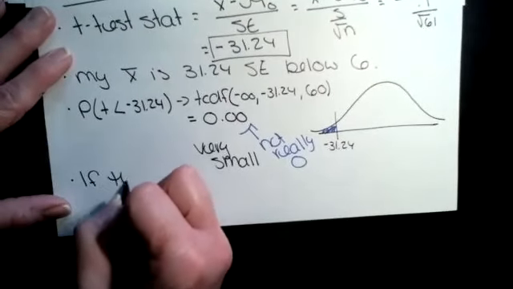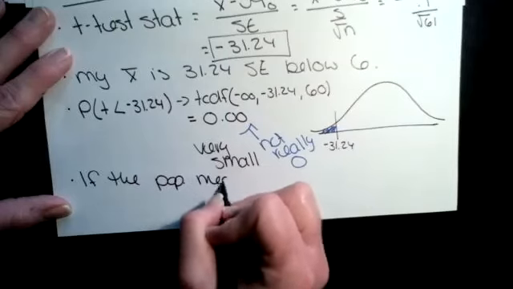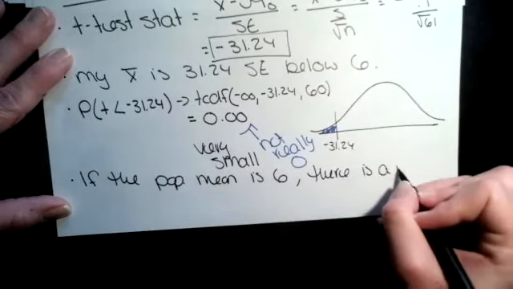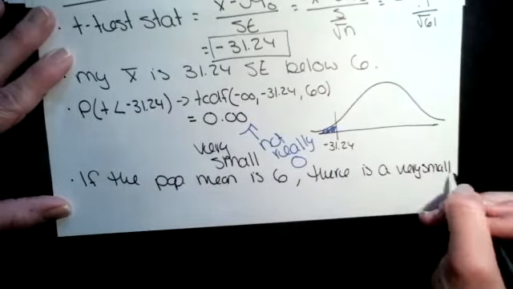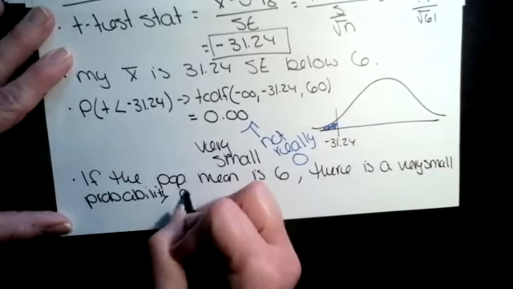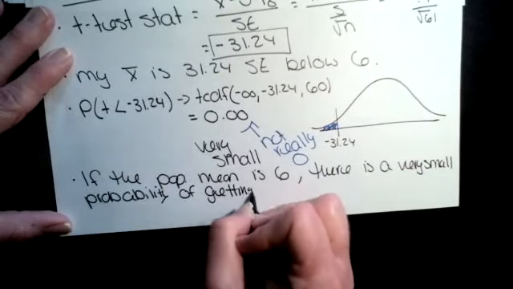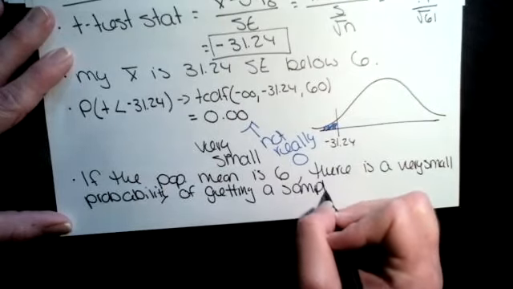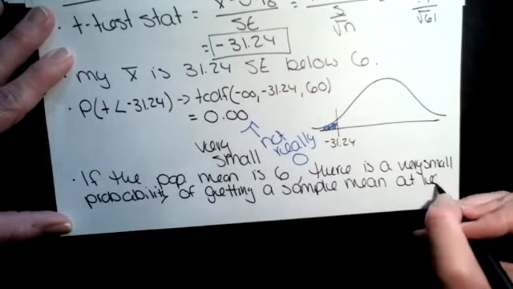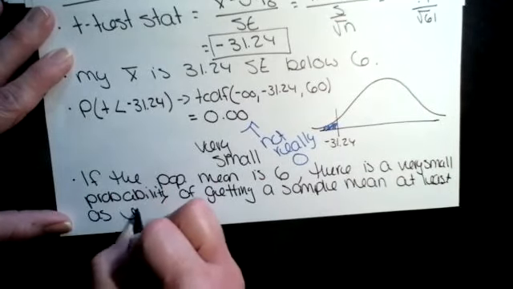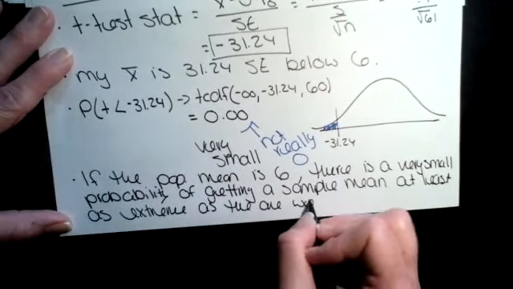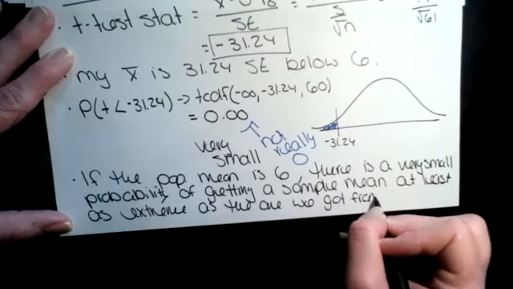So if the population mean is 6 ounces, there is a very small probability of getting a sample mean at least as extreme as the one we got from sampling.